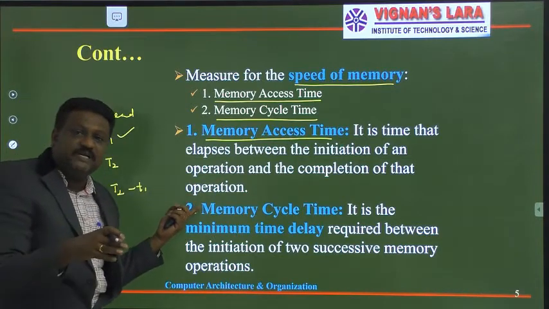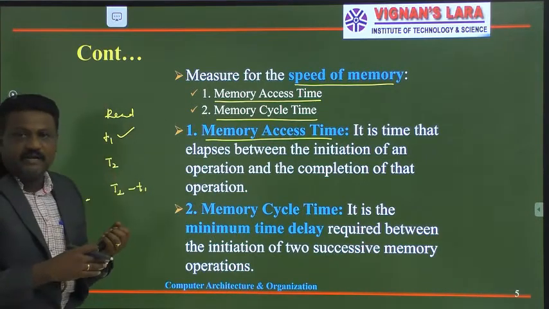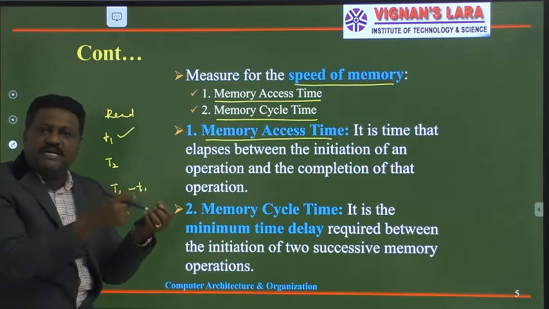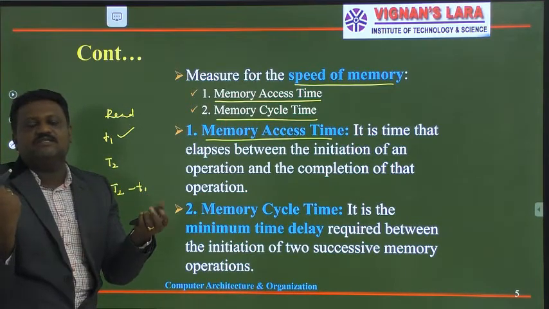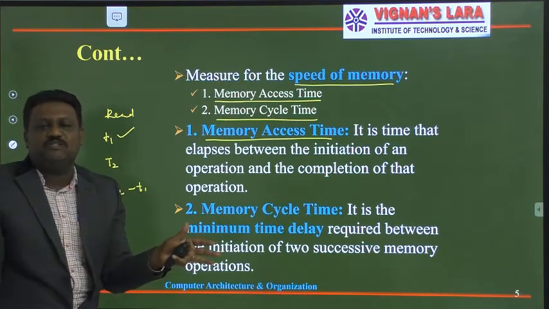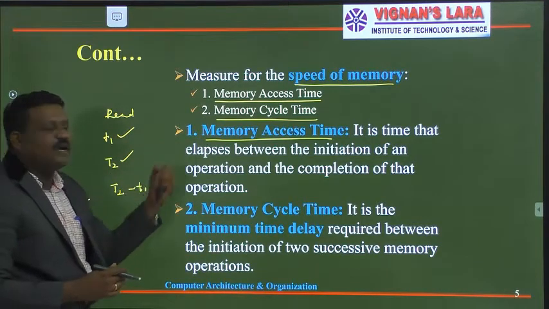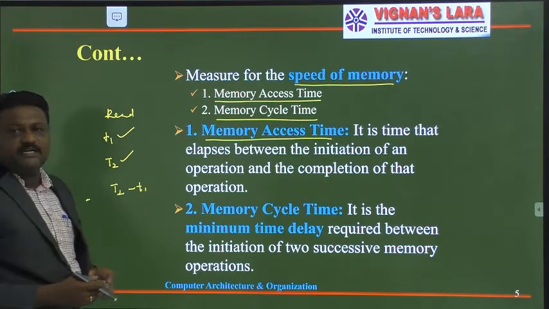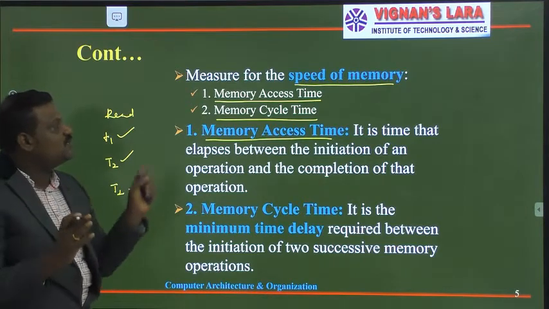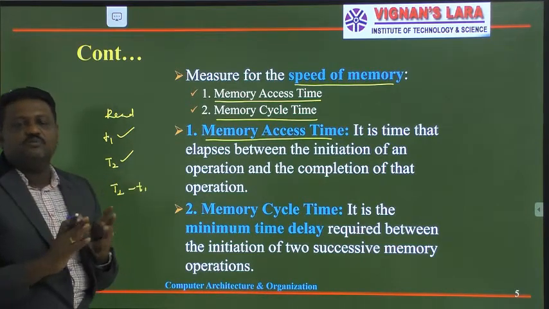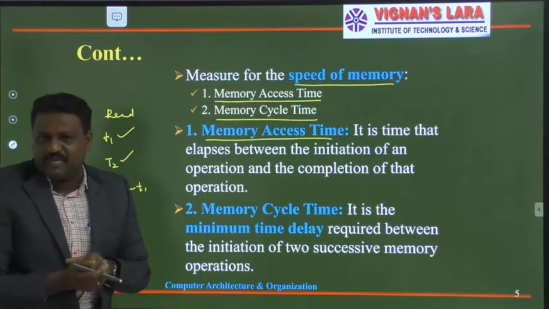When the operation is complete, here a read, the data goes from the data bus onto the MDR register. Then we can say that my read operation finished at time instant T2, so my memory access time is T2 minus T1. This is one important measure of the speed of operation of a memory element.